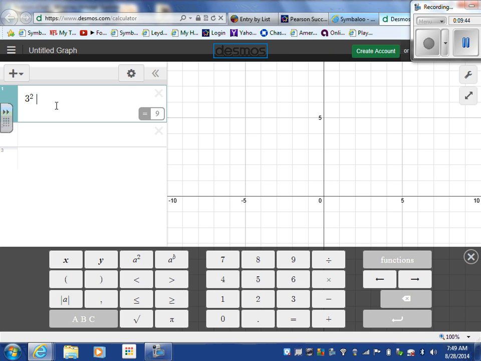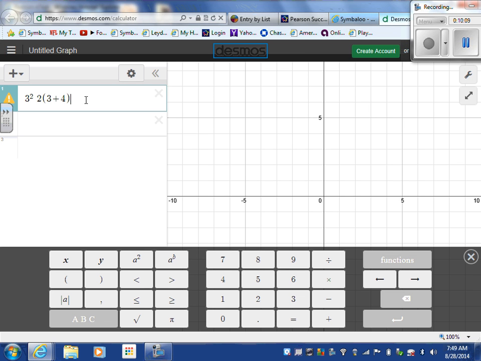I got 3 squared, and then I have 2, and then I have a parentheses, 3 plus 4. Okay, so that's how it should look on your paper. 3 squared plus 2 in parentheses 3 plus 4.